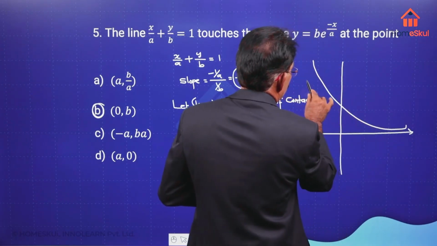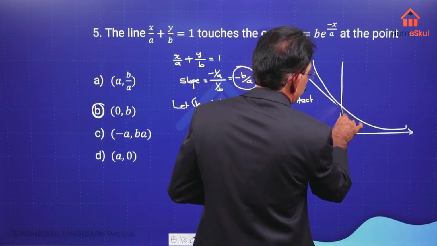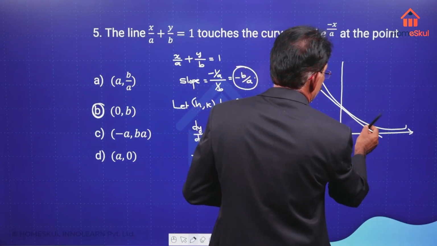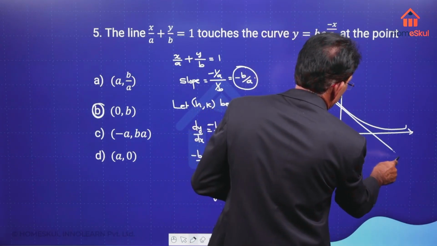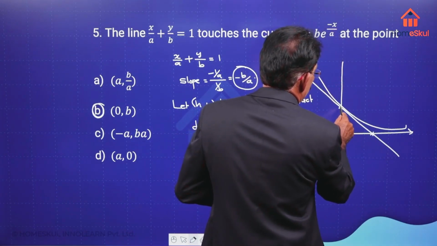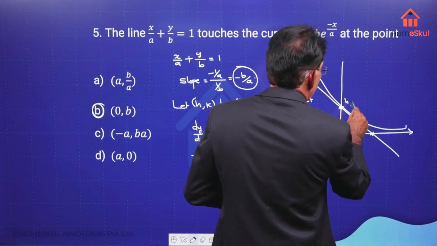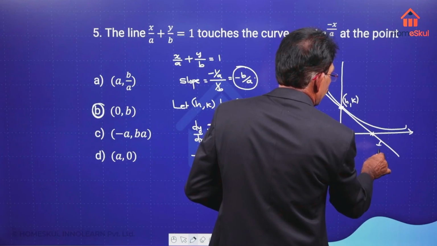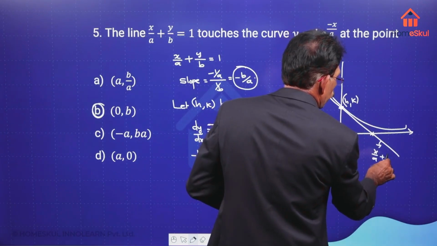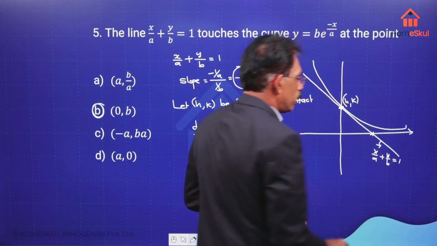The straight line is passing through this point. This is the point of contact h comma k. Suppose this line is x by a plus y by b is equal to 1.